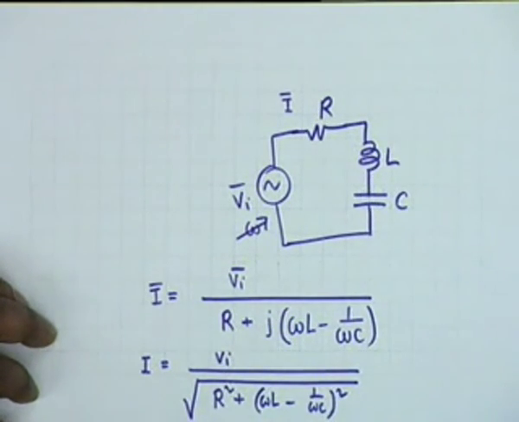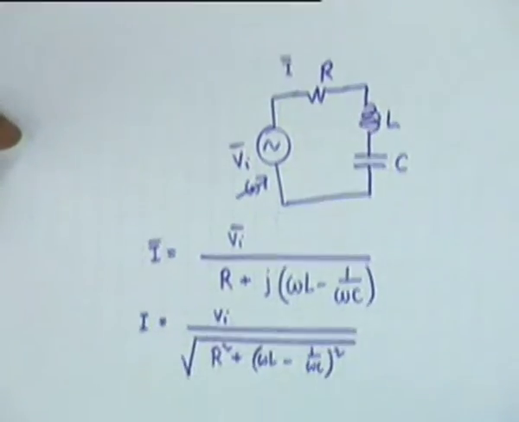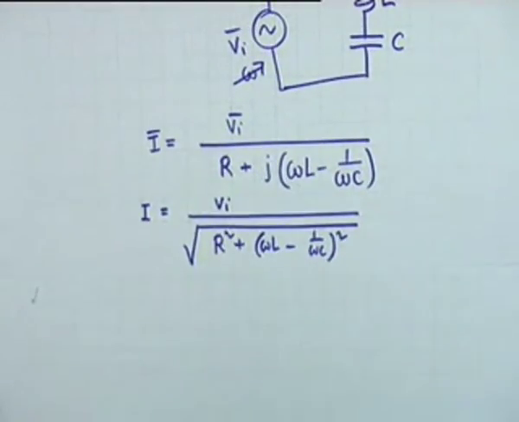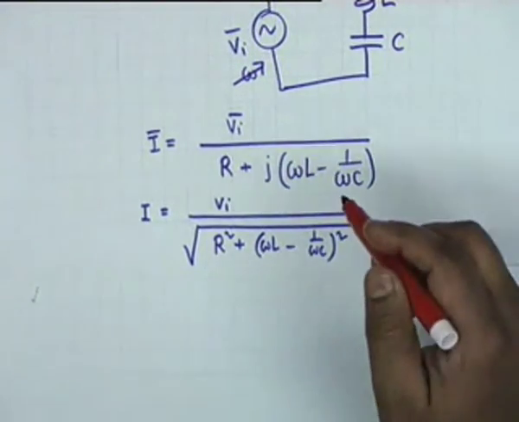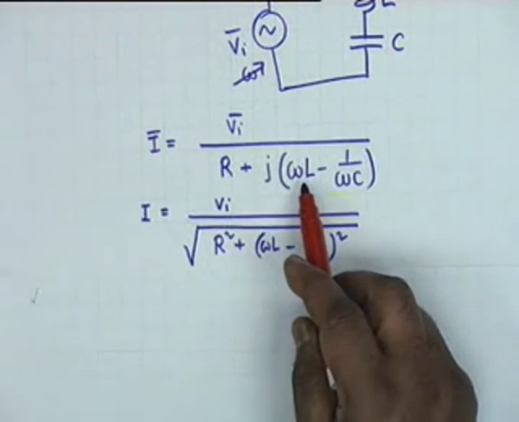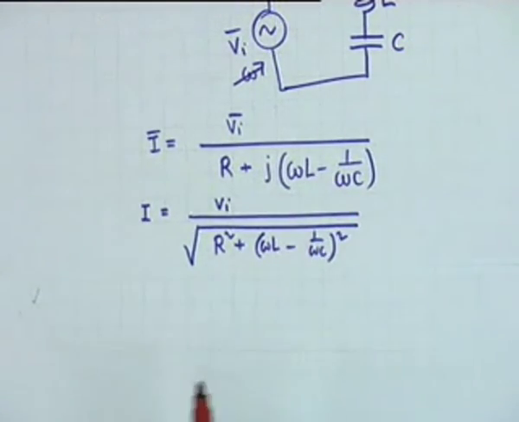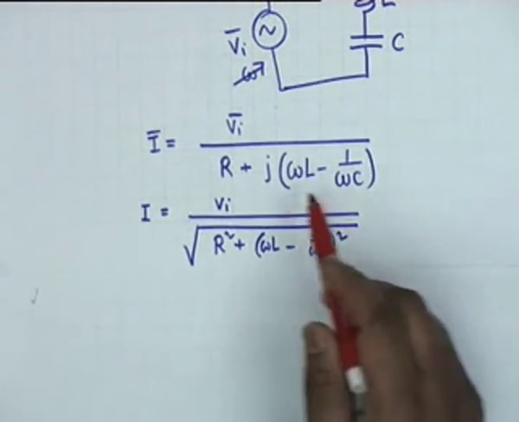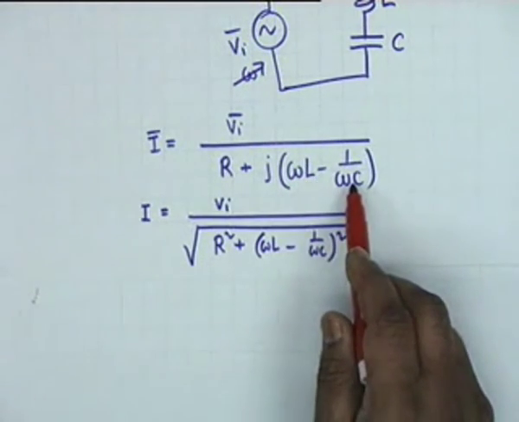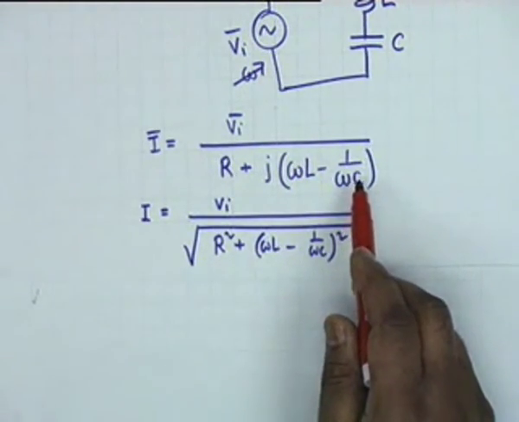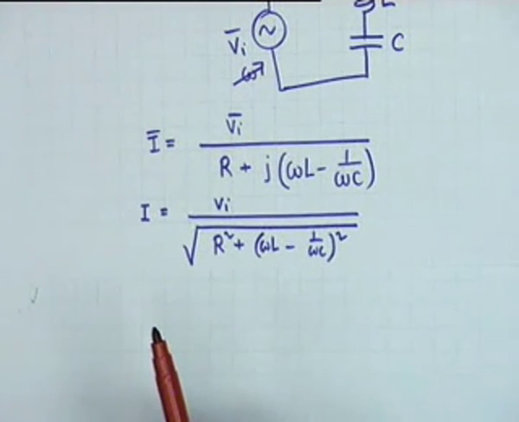As frequency is varied, let's look at this expression a little more carefully. When omega L is greater than 1 by omega C, obviously the angle of the current shall be negative.